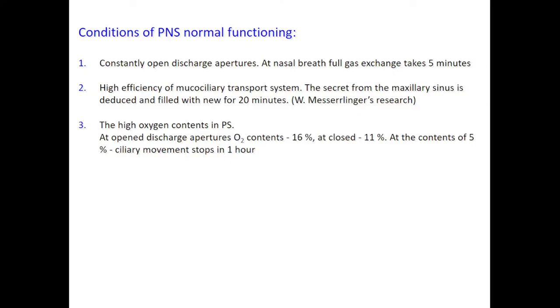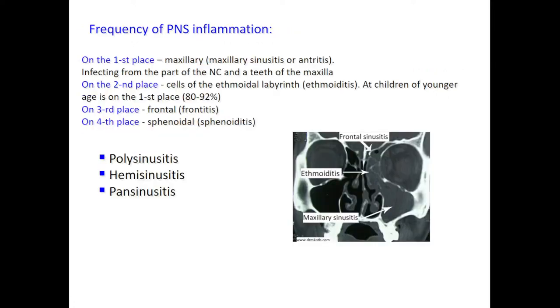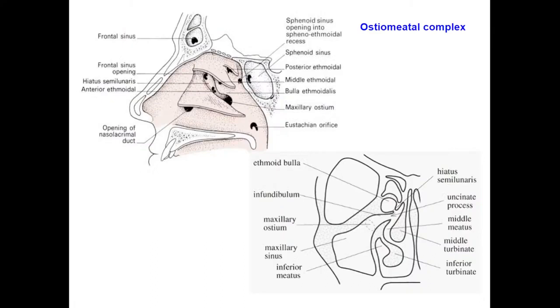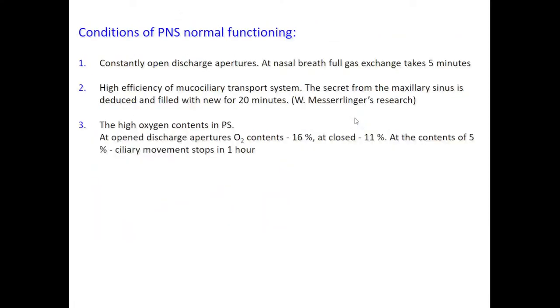It's a constantly open discharge aperture. So it means that if we look at the maxillary sinus, this passage must be open, and the maxillary ostium also must be open. Second, high efficiency of the mucociliary transport system.